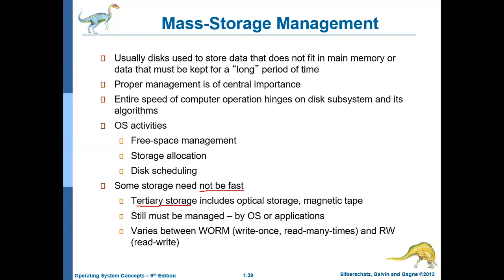These CDs, optical discs, or magnetic tapes can also be called tertiary storage. It is the next level of secondary storage. They are generally used as backup devices, so it is not required that they be fast. Even if they are slow, it's not an issue because they are not in the mainstream of process execution.